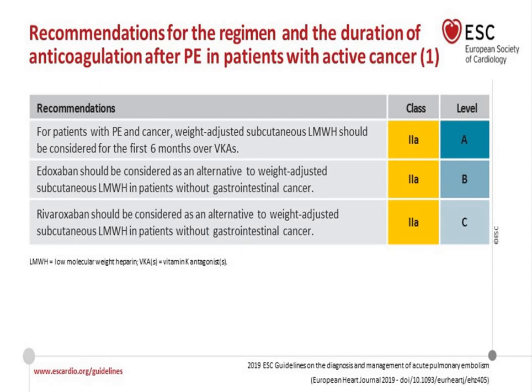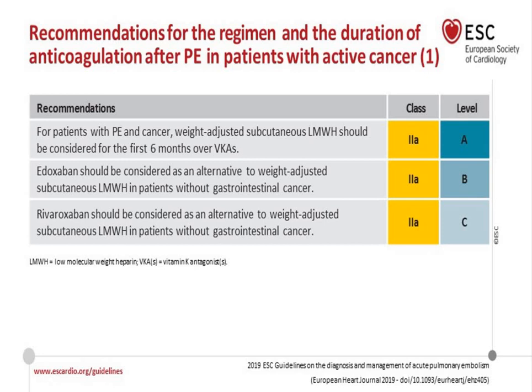Recommendations for the duration of anticoagulation after pulmonary embolism in patients with active cancer. For patients with pulmonary embolism and cancer, weight-adjusted subcutaneous low molecular weight heparin should be considered for the first 6 months over VKA.